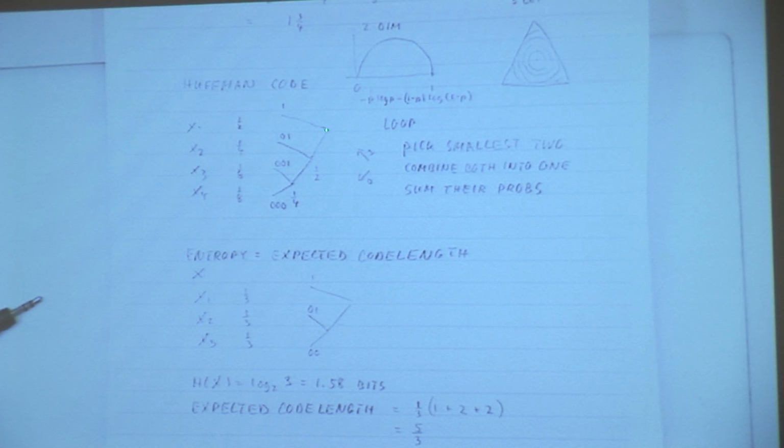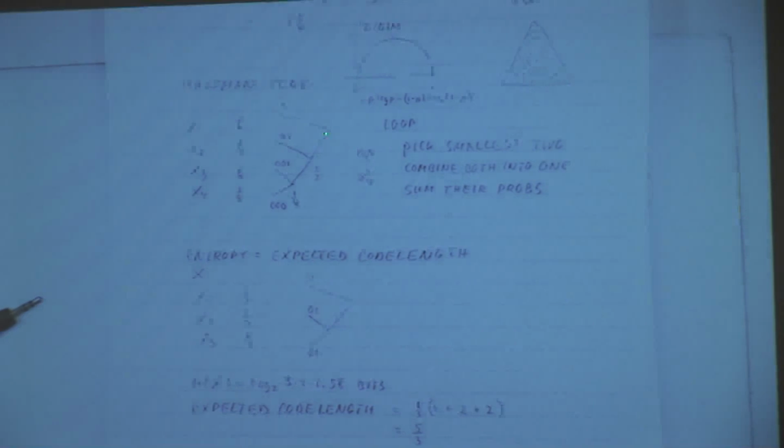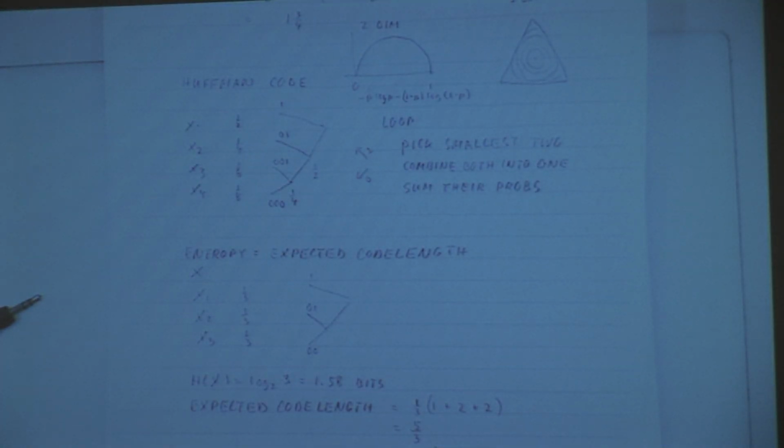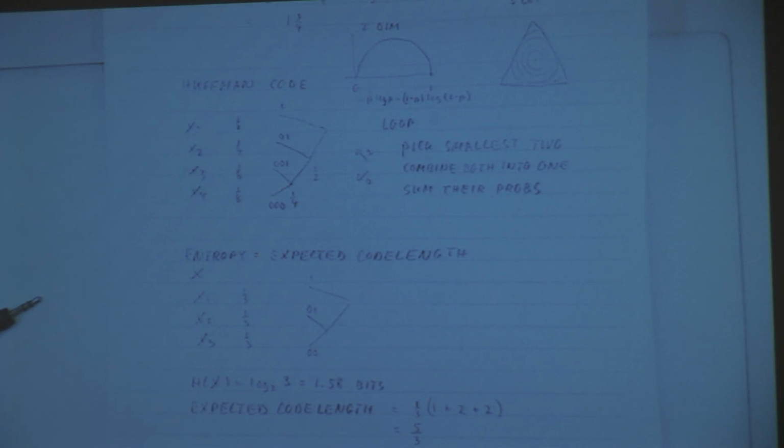And you combine again, and you get this symbol. Now you have a little tree, and that gives you a prefix code. Let's say going up means 1 and going down means 0. So this is 1, this is 0 1, this is 0 0 1, and this is 0 0 0. So this is a prefix code. The general scheme is you pick the smallest 2 and combine them, and build a tree that way.